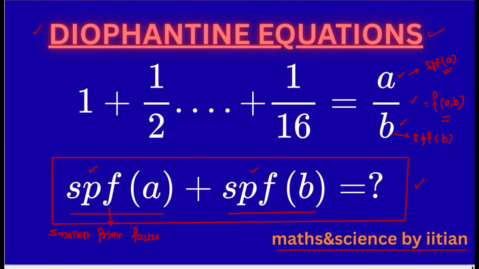The left hand side is the sum of the harmonic series, that is 1 plus 1 by 2 plus 1 by 3 up to 1 by 16, equal to A by B, where A and B are positive integers. Here we will be using Wolstenholme's theorem.